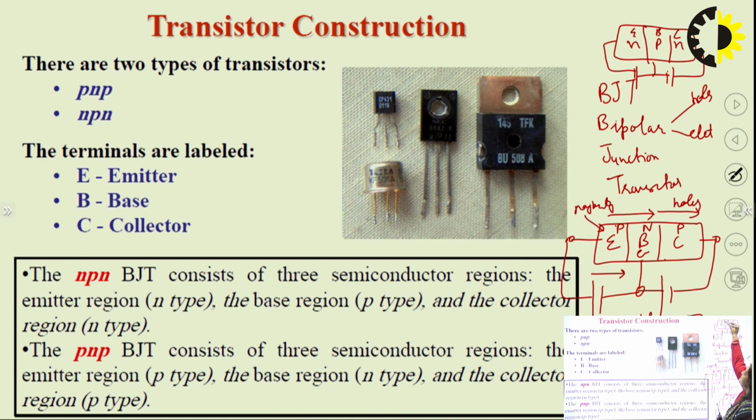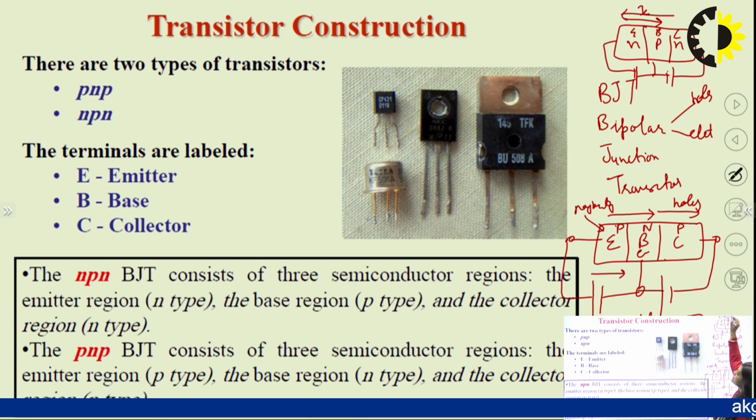Here the majority carriers will be electrons. So, electrons will move from here to here, and the direction of current in this case will be this way, because the opposite direction of the electron movement is the direction of the current.